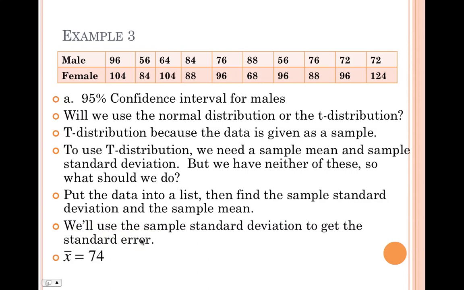So x-bar for males is 74. S for males, or Sx on your calculator, came out to be 13.0979. So again, you're using 1-Var Stats to get these two values. Now you're going to go to the formula.